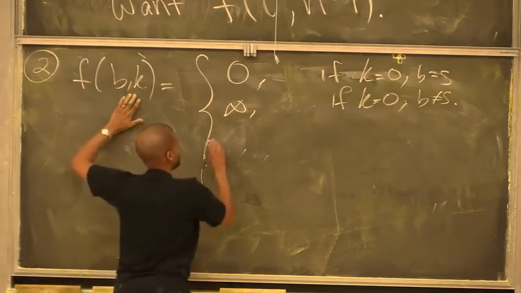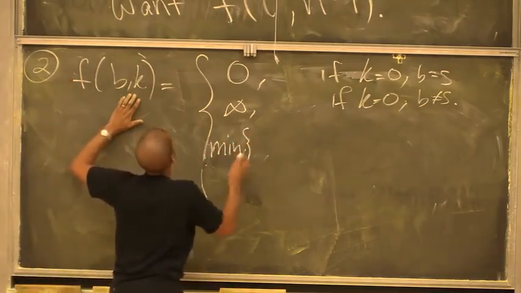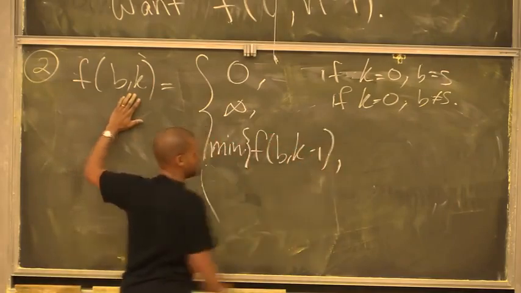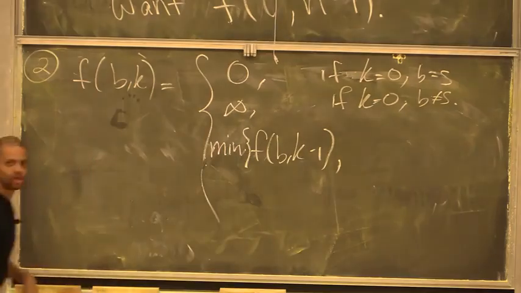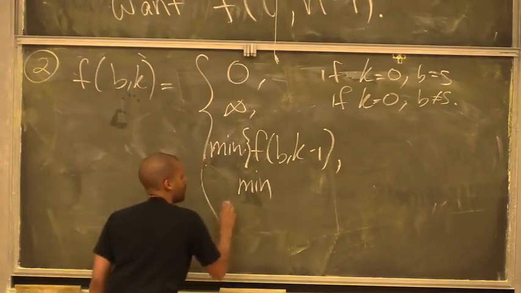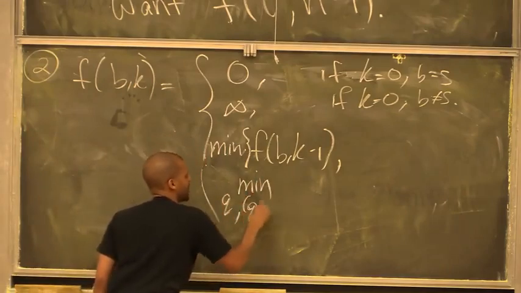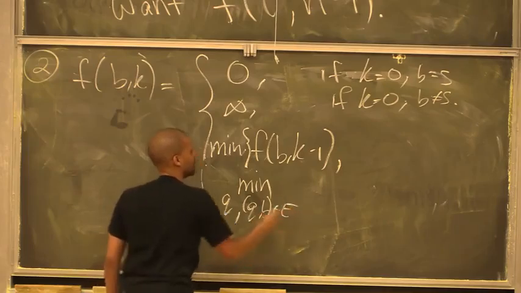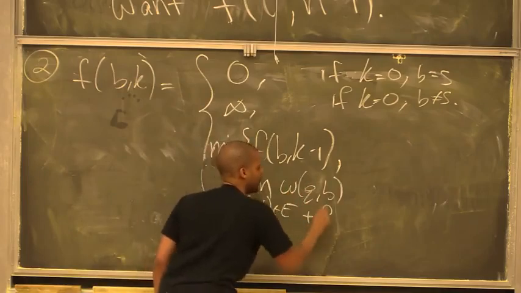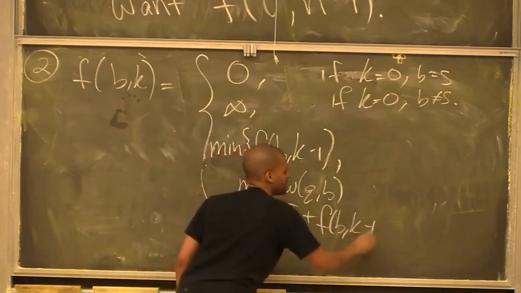So one of the things I'm allowed to do is f of b, k minus 1. I don't have to use the kth edge. And the other thing is to loop over all vertices q that point into b. So the min over all q such that qb is an edge of the weight of the edge from q to b plus getting to q in at most k minus 1 edges.